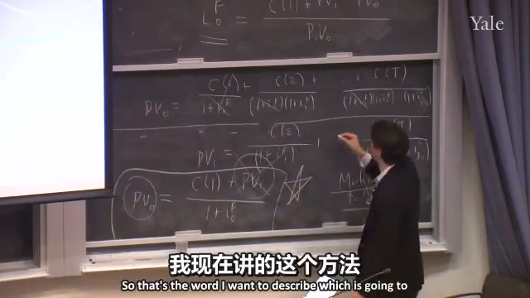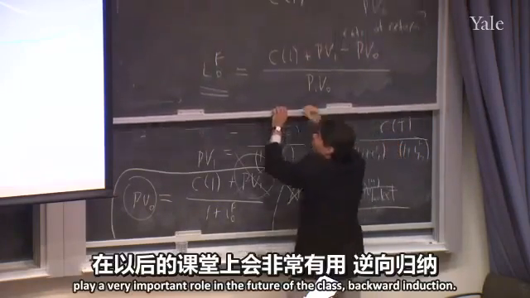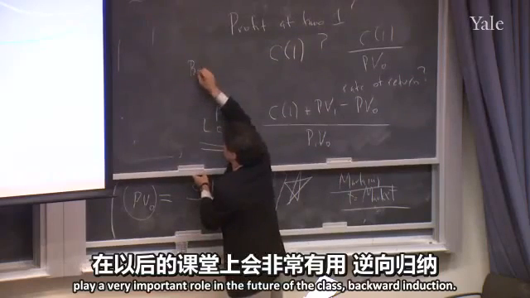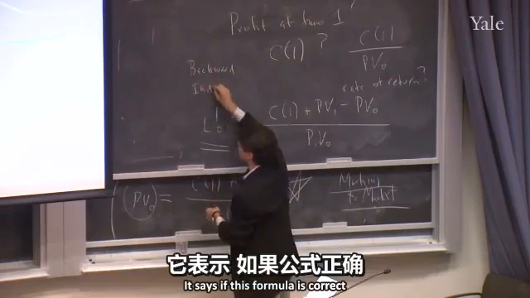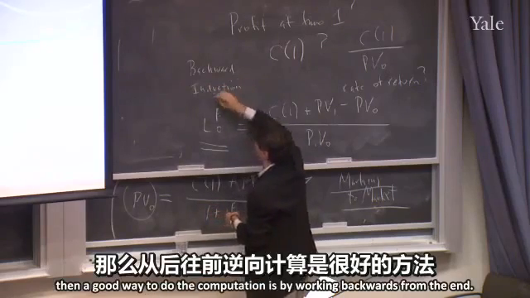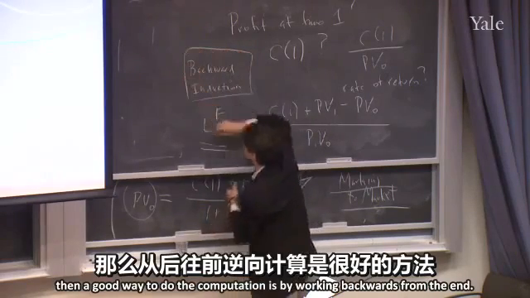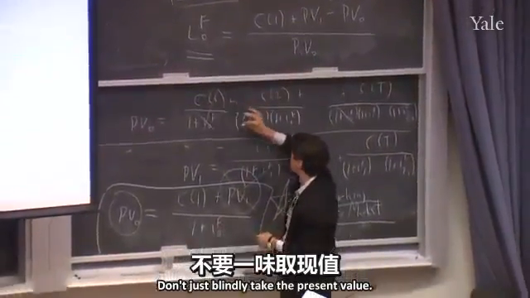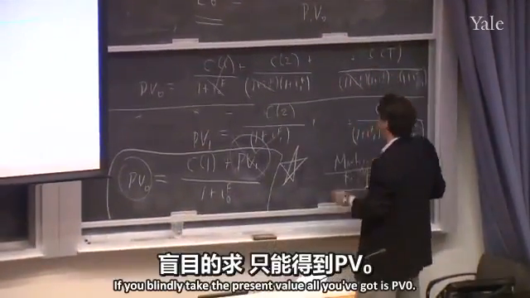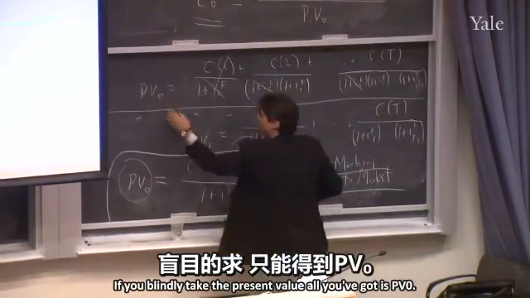So that's the word I want to describe, which is going to play a very important role in the future of the class. Backward induction says if this formula is correct, then a good way to do the computation is by working backwards from the end. Don't just blindly take the present value. If you blindly take the present value, all you've got is PV0.